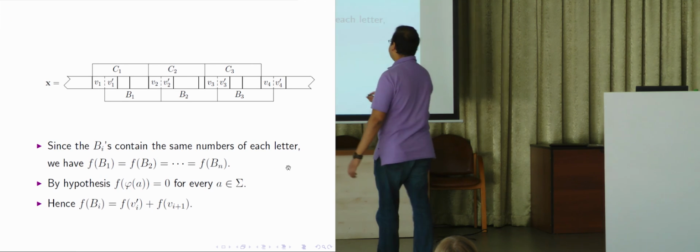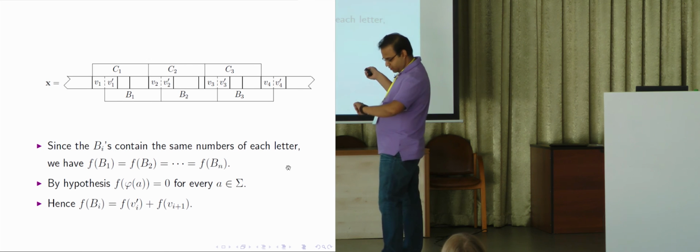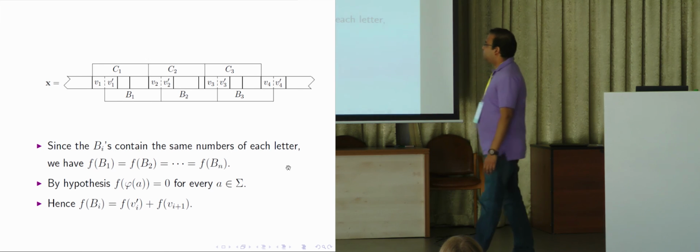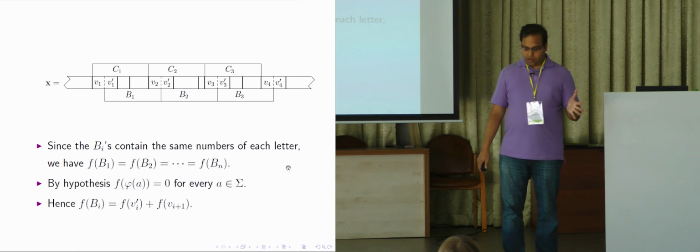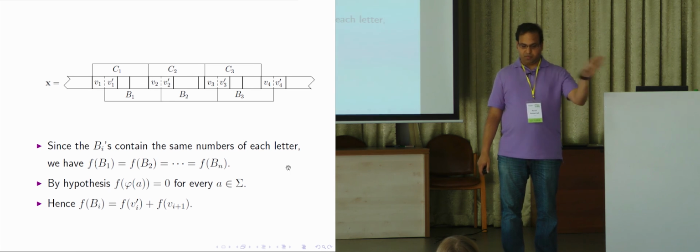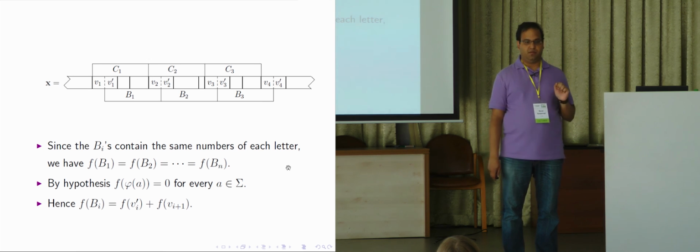Now the point is, these are abelian repetitions. So what does that mean? That means that each block is a permutation of any of the other blocks. So that means that they have the same number of occurrences of each alphabet symbol.